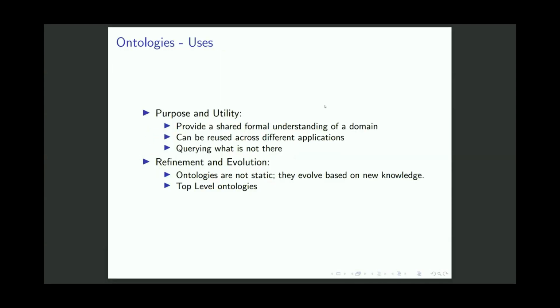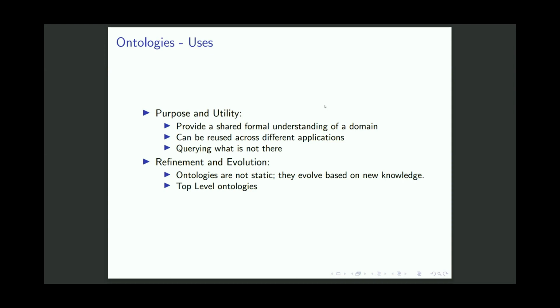And why do we actually use these ontologies? Because they provide a shared formal understanding of a domain. If we have ontologies in chemistry, they can be shared between different institutes, different universities, and the data can be structured in the same way and can be concatenated with the already existing information.